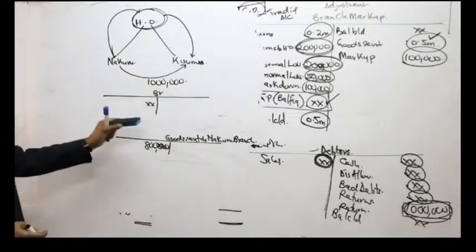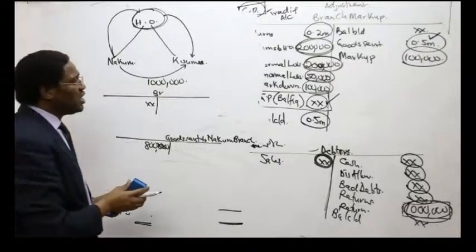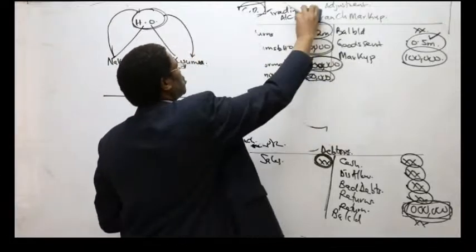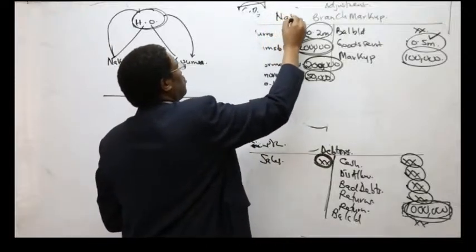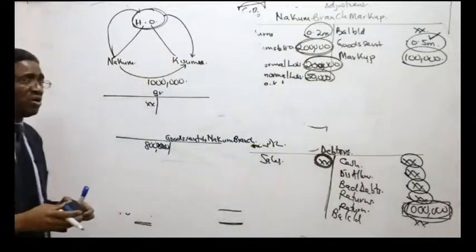So you will debit goods sent to Nakuru branch at cost price. You will also debit Nakuru branch markup account. You will have another account called Nakuru branch markup, because this time you have a Nakuru and you have Kisumu.